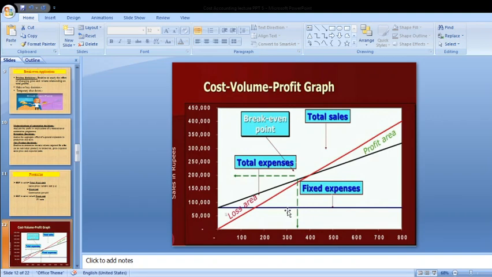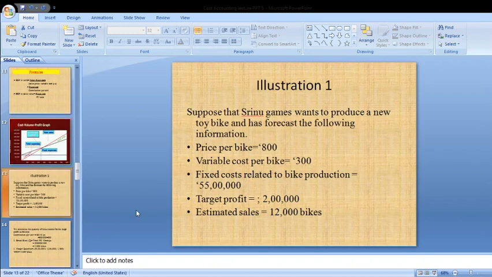Then we had discussed our illustration. Now taking from this, we will discuss one more concept. I hope you remember this illustration. Look at the illustration once again.